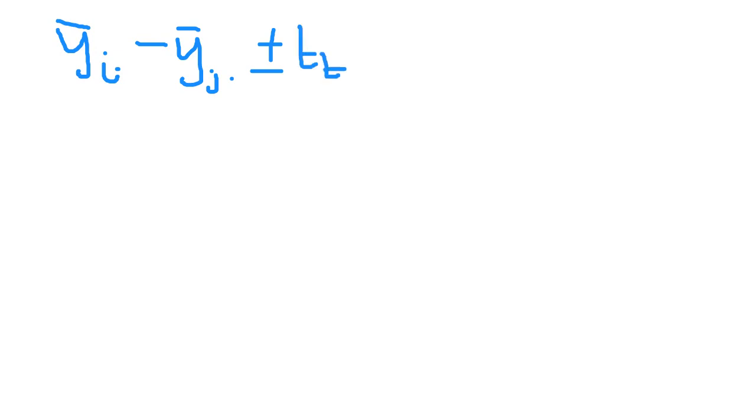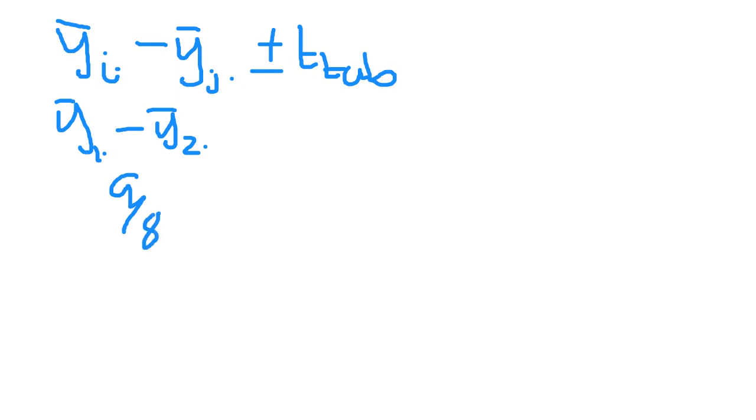Let's get everything. The difference between mean 1 and mean 2 is what? Mean 1 minus mean 2. If we take an example of 1, it's 9/8. 9/8 plus or minus t tabulated, what is it?